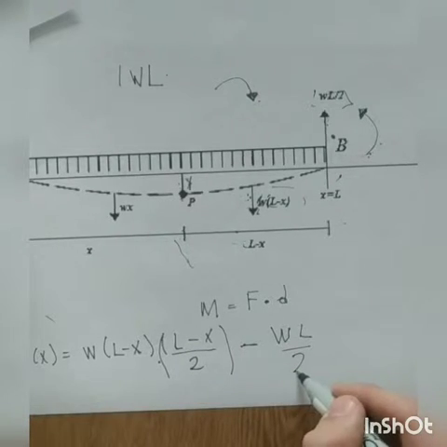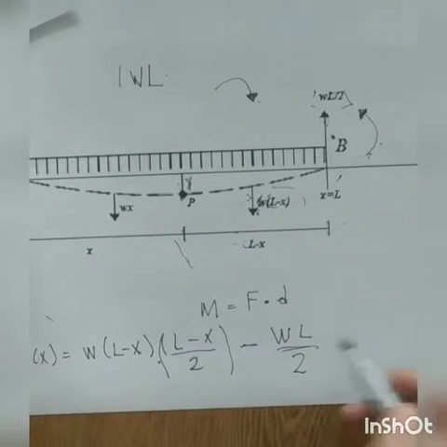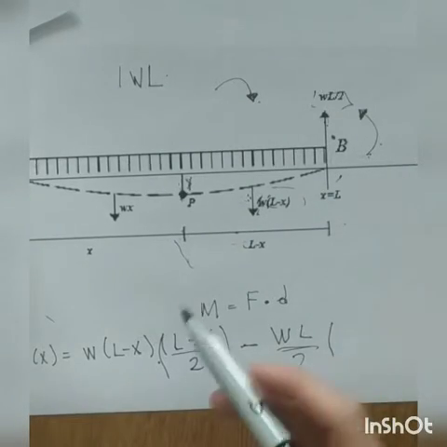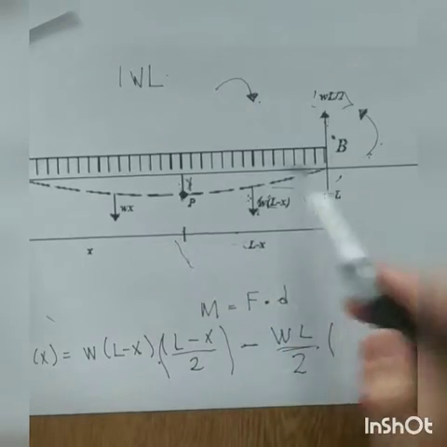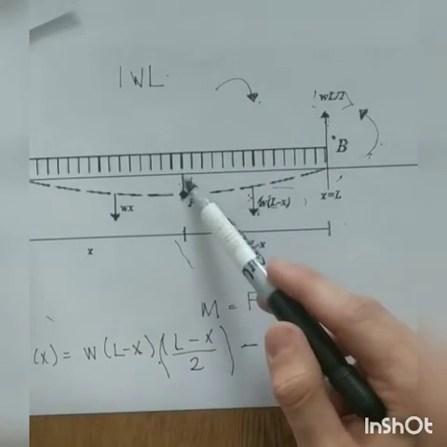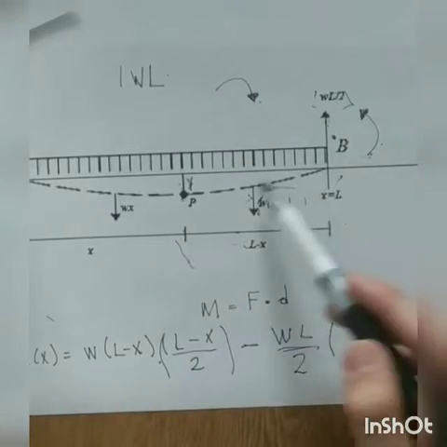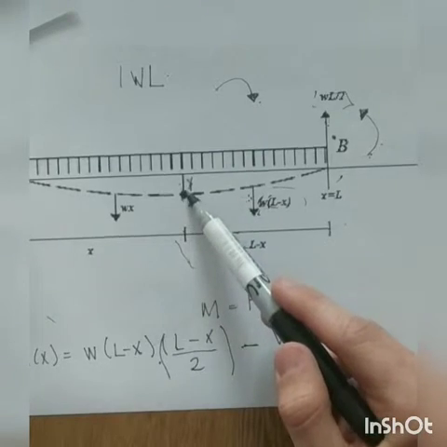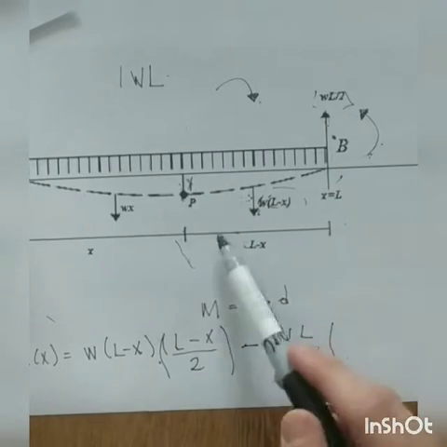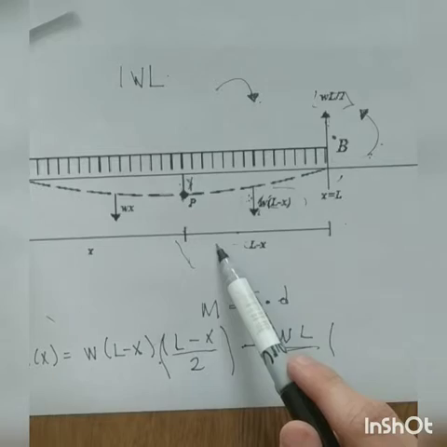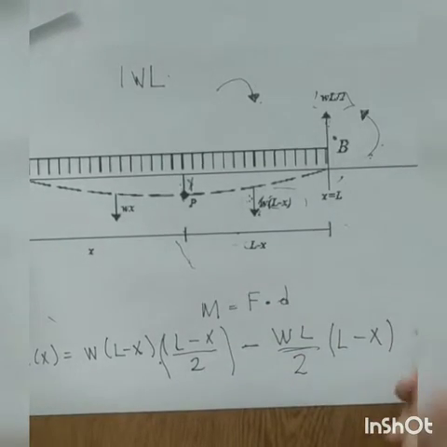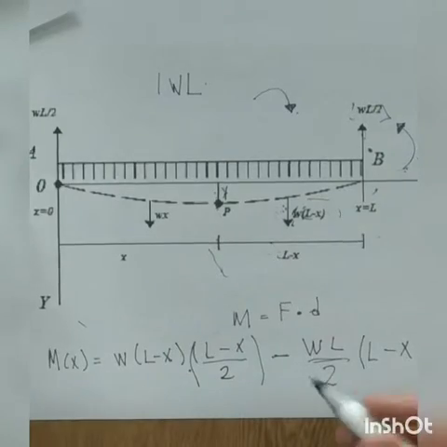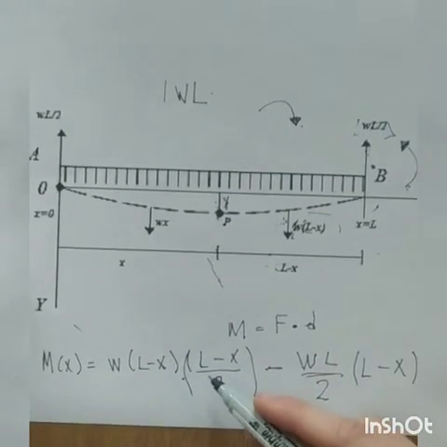This is the force being applied in that part, and now we need to get to know the distance where this force is being applied. Well, the distance where the force is being applied, taken as reference P, is from here to here, so that would be this distance, L minus X. So at the end we get this equation.